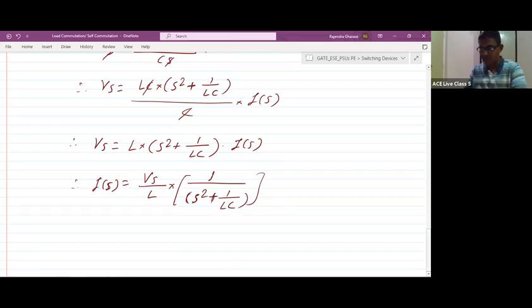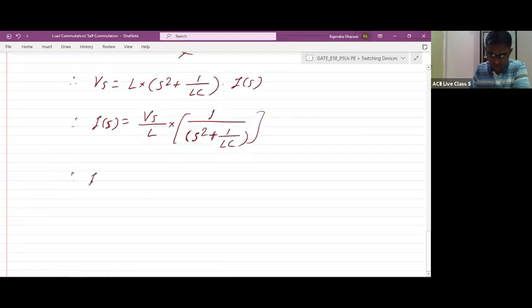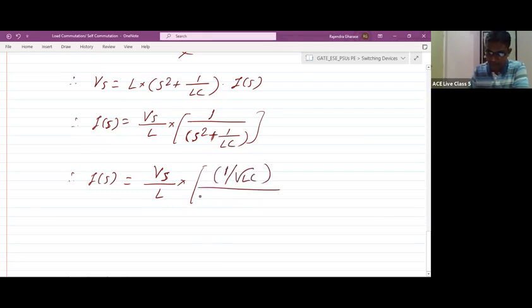So for that, what are we going to do? I of s is equal to VS upon L into, I am going to multiply numerator and denominator with 1 by root LC. So it will be 1 by root LC here divided by s square plus 1 by LC, and again we need to divide it with 1 by root LC. So it is 1 upon root LC.